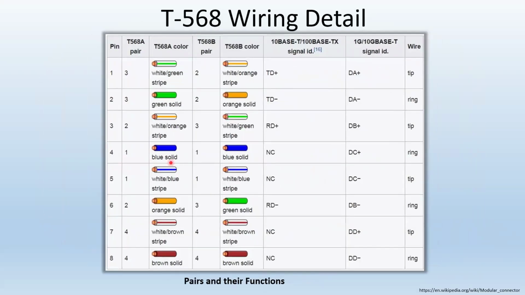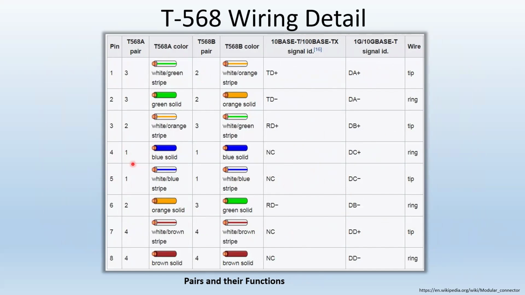And of course, remember that dance: blue, orange, green and brown. So blue, if you're looking at the way we were holding that jack or plug in the classroom during our lab. So it's going to be blue, orange, green, and brown. That's the dance that I showed you.